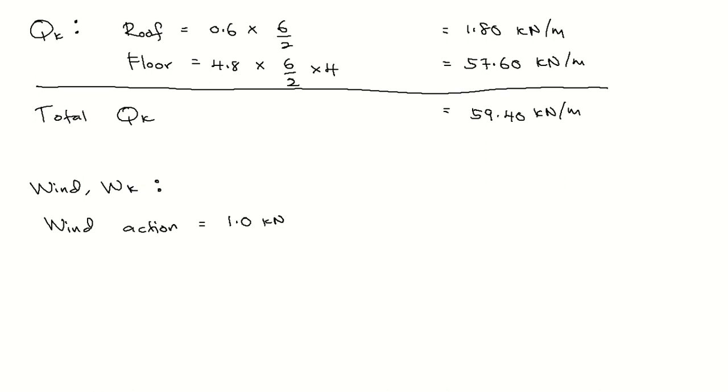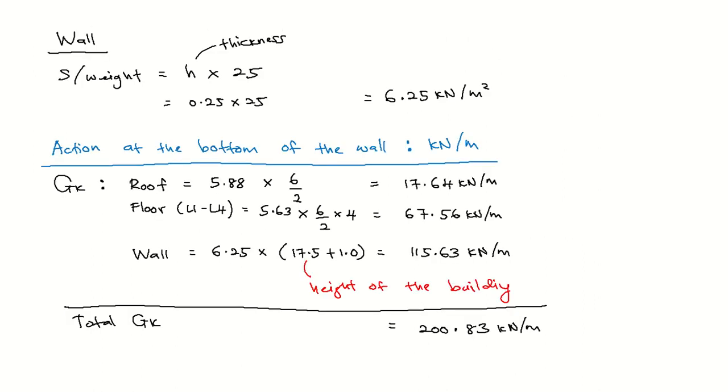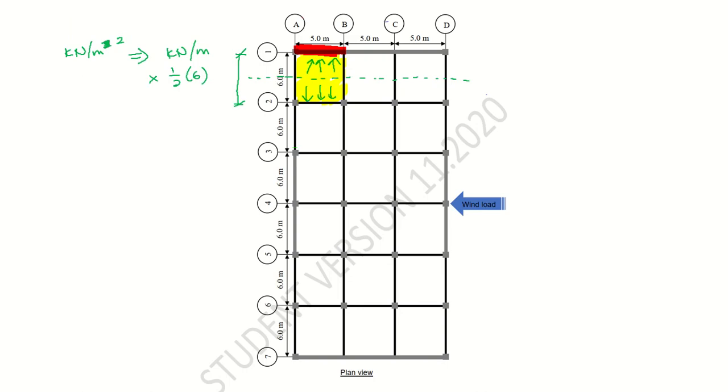This is in unit kilonewton per meter square, and we need to times with the surface area of the building in the wind direction. So what is the surface area of the building in the wind direction? Here is the wind direction, and this is the surface area.